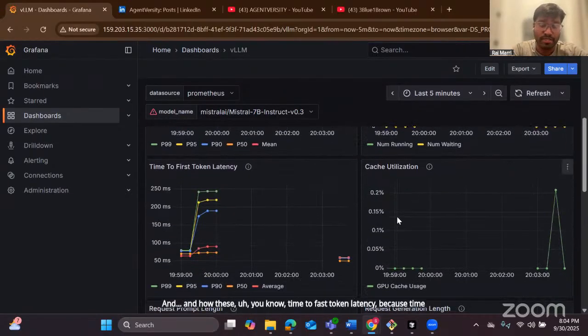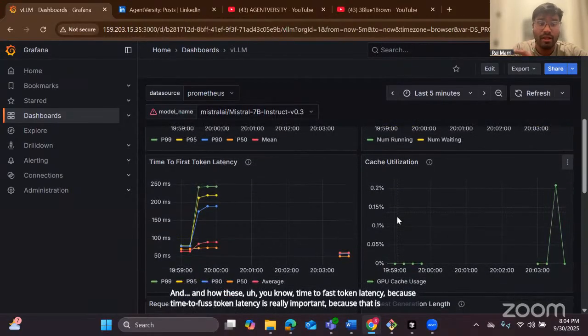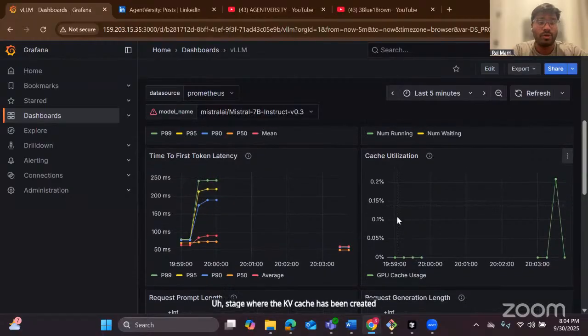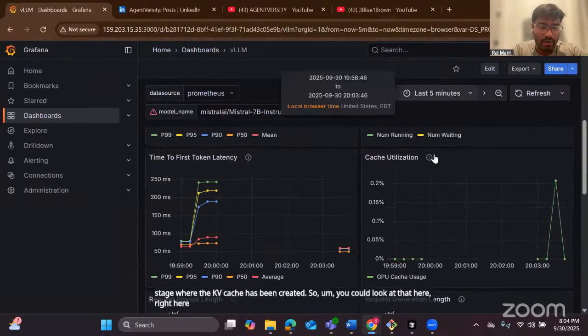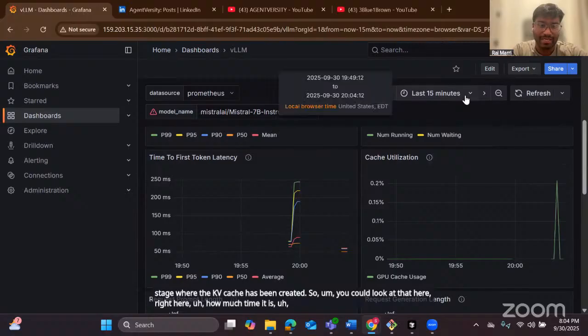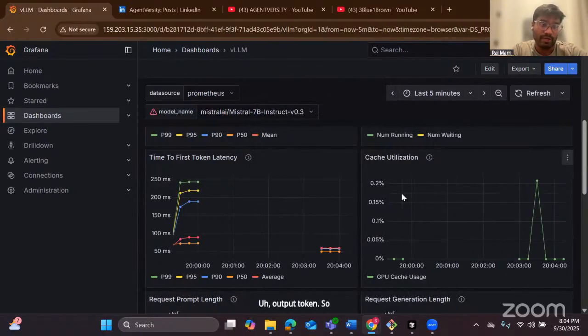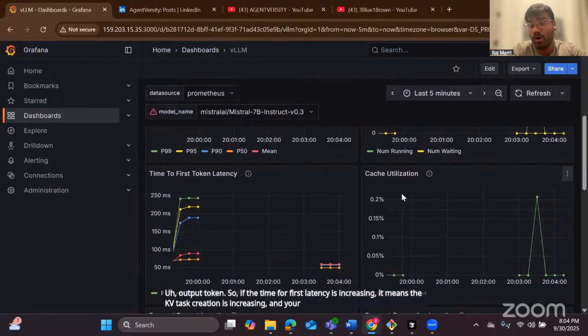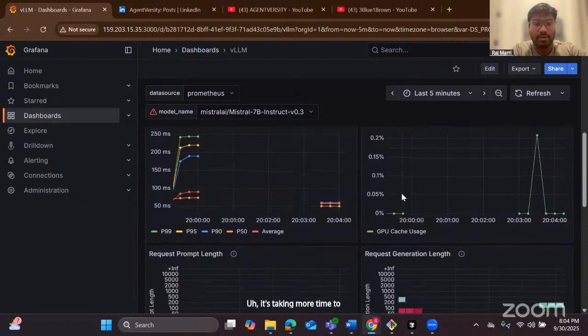Time to first token latency is really important because that is the prefill stage where the KV cache is created. You could look at how much time it is taking for us to get the first output token. If the time to first token is increasing, it means the KV cache creation is increasing and your GPUs are compute bound. It's taking more time to compute it.